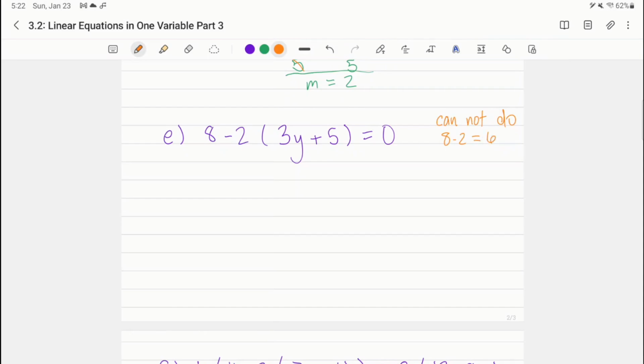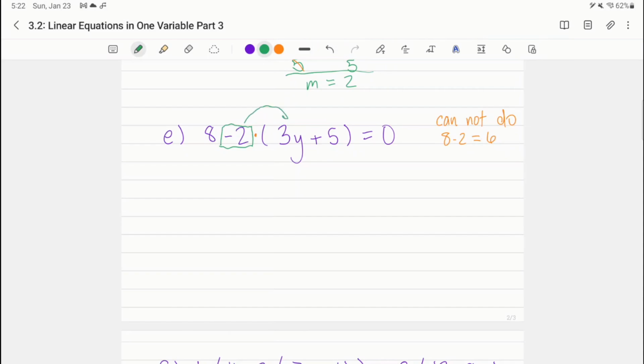We can't do that because this is multiplication. Multiplication comes before subtraction. So because of that, I have to do the multiplication, which means distribute. But don't forget, we're technically distributing the negative sign with it too.